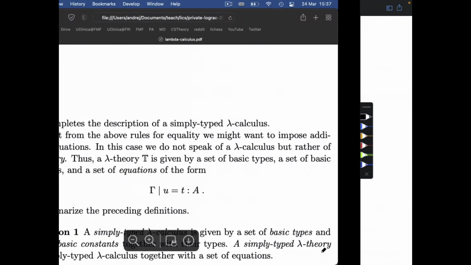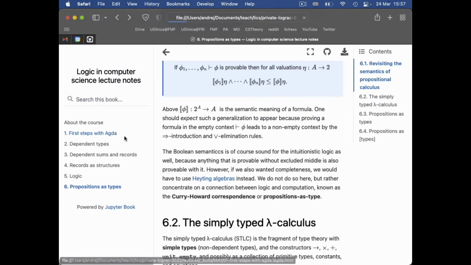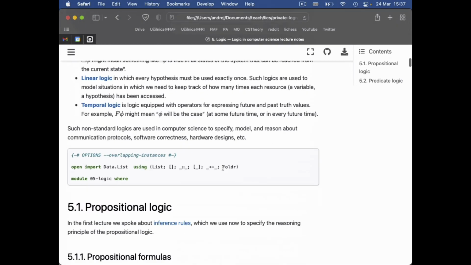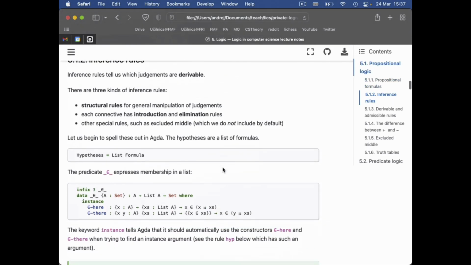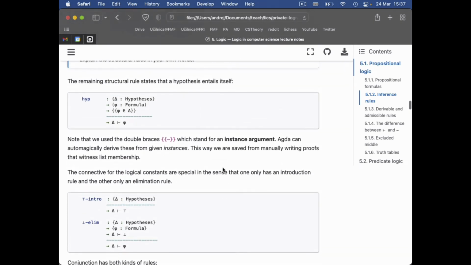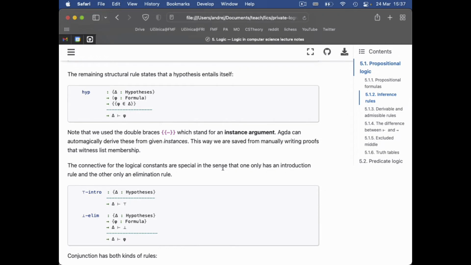If we look at the rules of propositional logic, well, unfortunately, these are written in Agda, but let's have a look anyway.